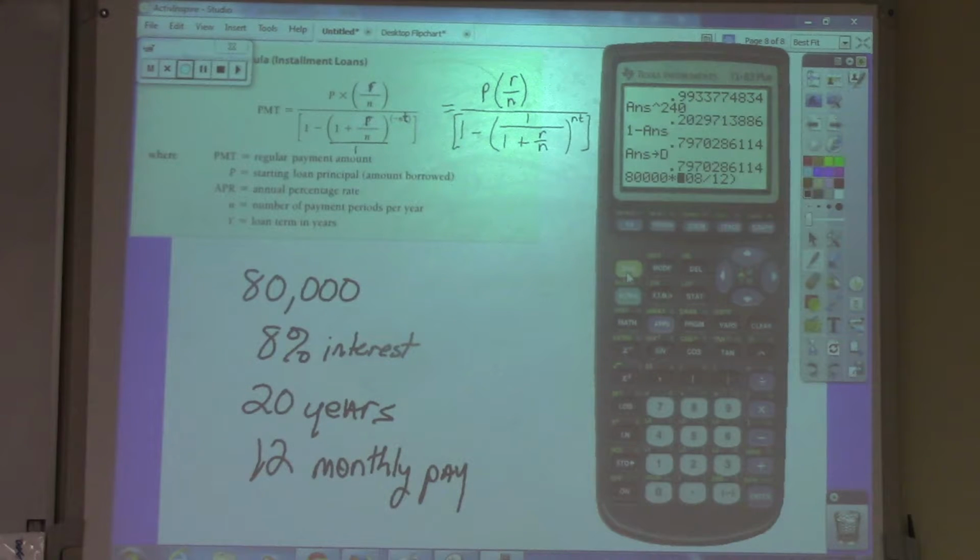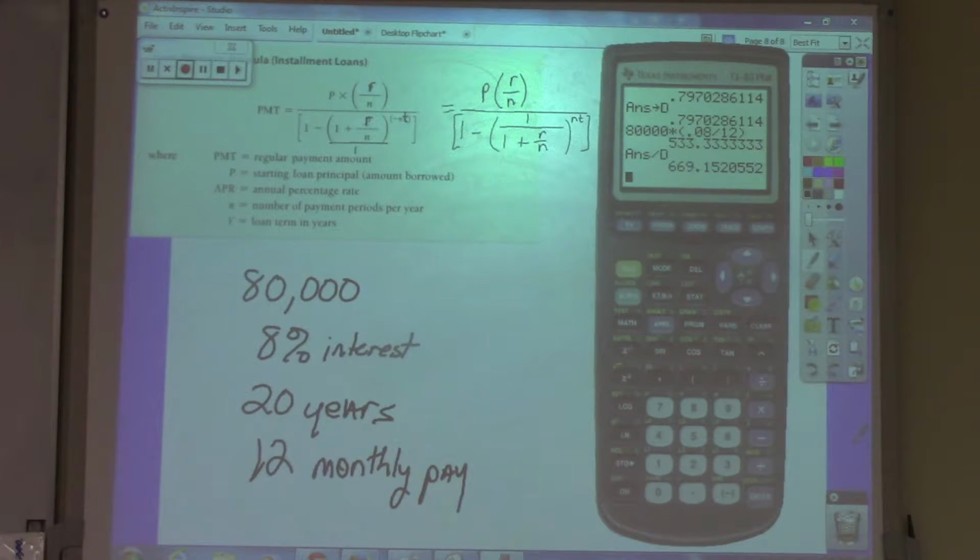Second function, insert, and delete. Sorry, insert the end parenthesis. And enter. And divide that by, hang on, alpha D. So your payment's gonna be around $670.